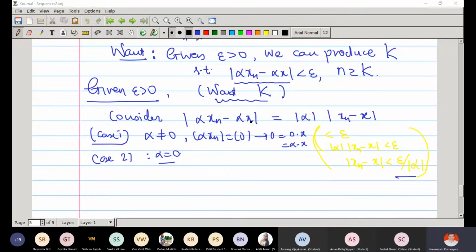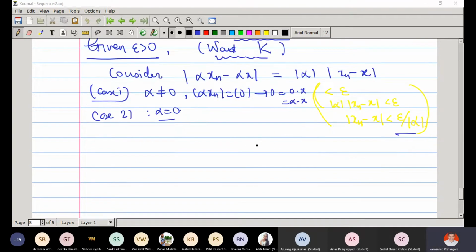Now to prove this, what should be the strategy so that given epsilon we can produce k? Do you understand how to prove this? Yes.